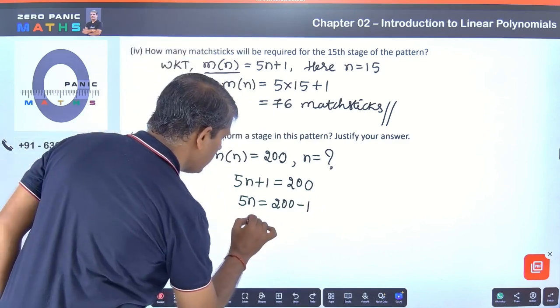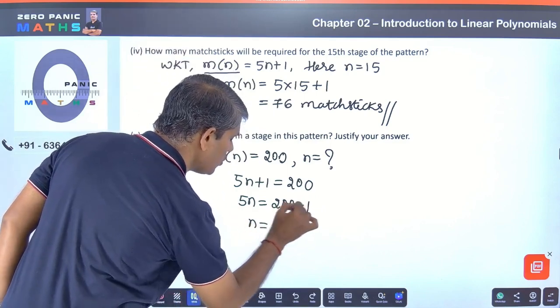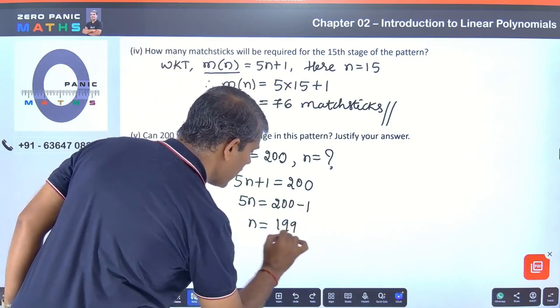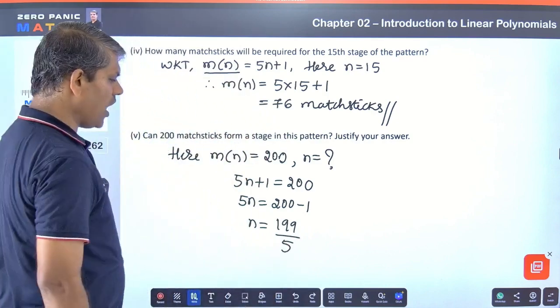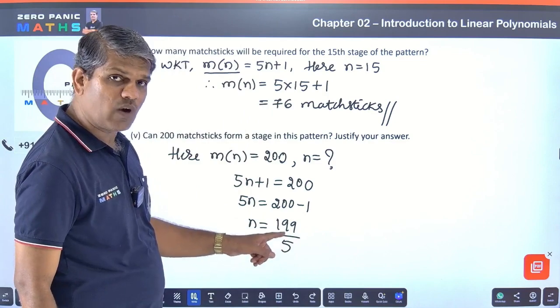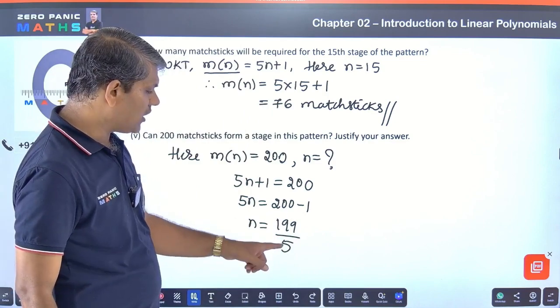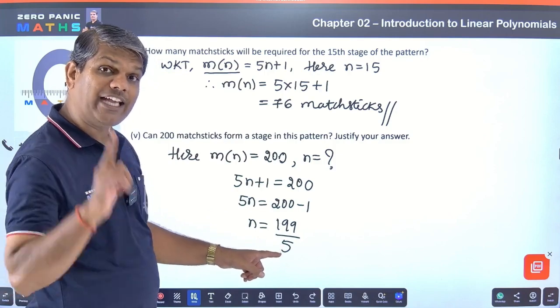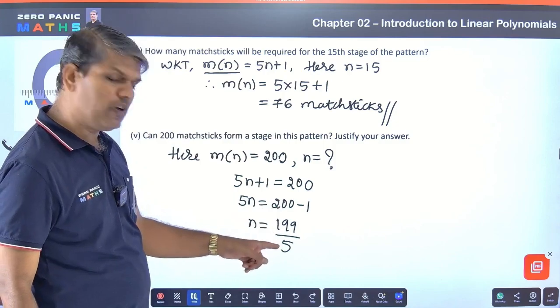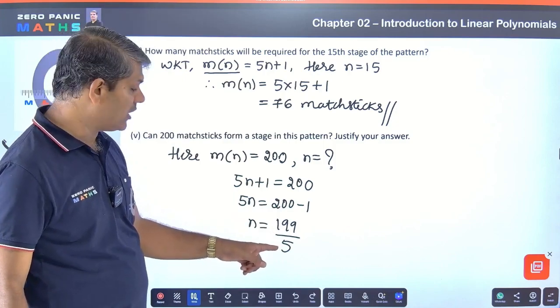So n is equal to 199 divided by 5. Is 199 fully divisible by 5? I cannot divide 199 fully by 5 to get a positive integer. If it had been 200, it would be fully divisible by 5.